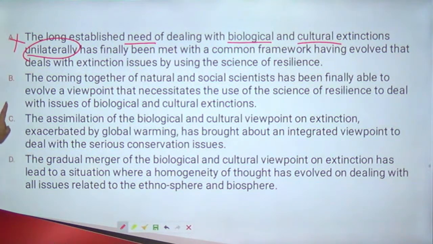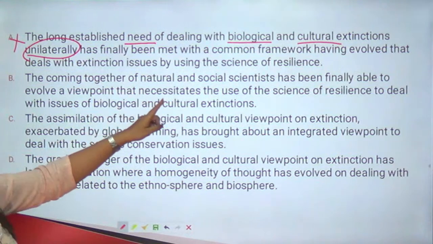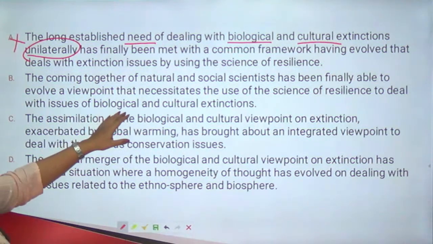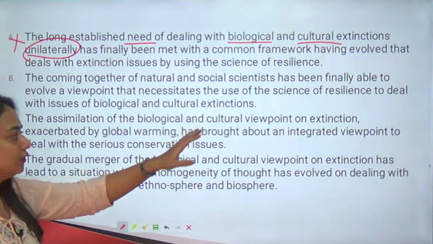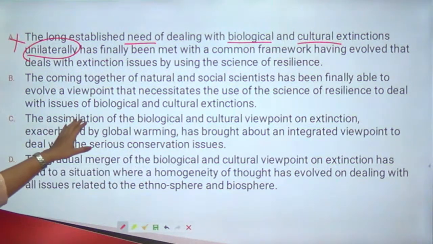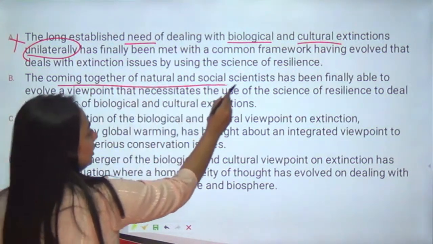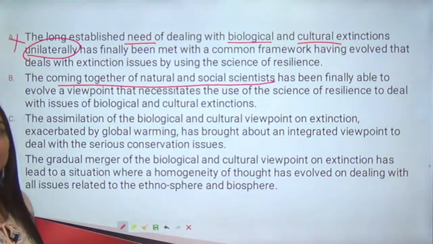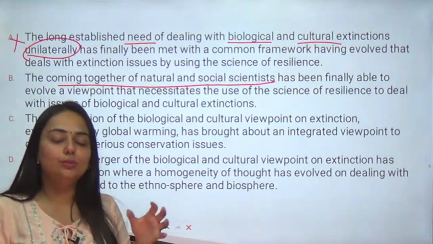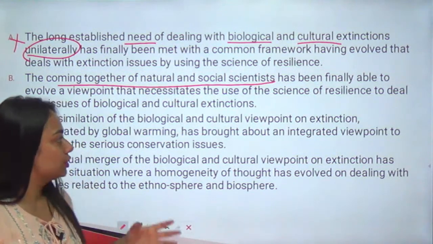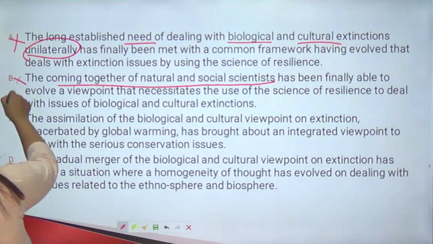B. The coming together of natural and social scientists has been finally able to evolve a viewpoint that necessitates the use of science of resilience to deal with issues of biological and cultural extinction. Again, coming together? No, rather they are differentiating, rather they are approaching both the things individually and in combination if required. So again we can say this is the wrong choice.